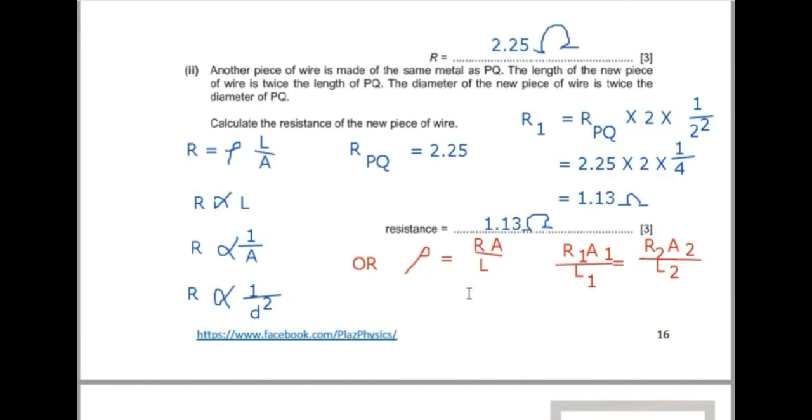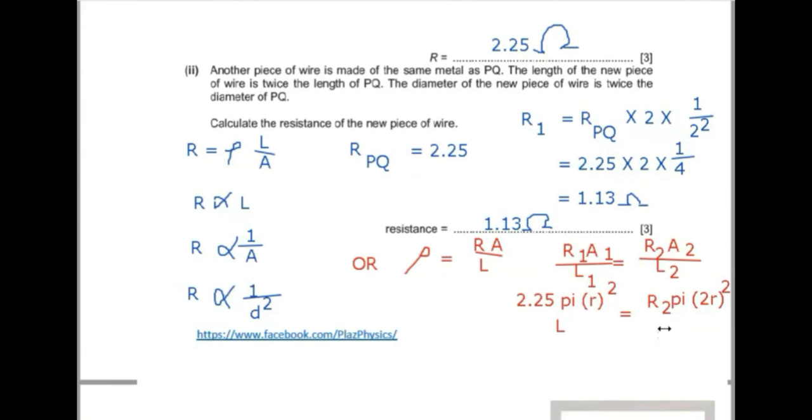So first wire is 2.25, area pi r squared. Diameter divided by 2 is the radius. The length we don't know, equal to second R we don't know. So area is pi times double of r, squared, then divide by 2L. Then simplify, cancel all the things.